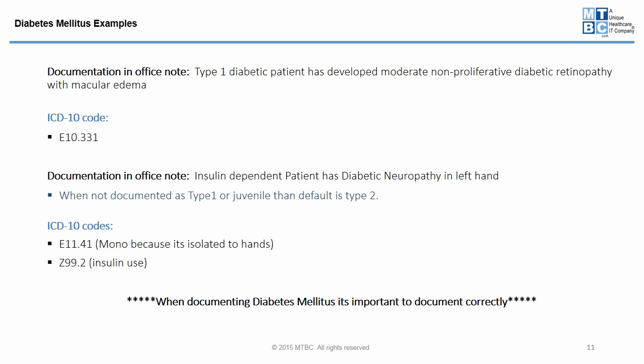When not documented as type 1 or juvenile, then the default will be type 2. So what's missing from this is we don't know if the patient has type 1 or type 2. If the patient has type 1, make sure you document type 1.